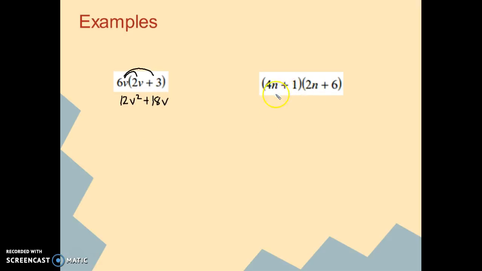The second one is a binomial times a binomial. So this one I'm going to do by foiling. Okay, again, you don't have to do both. Pick either FOIL or the box method and do it every single time. So first, 4n and 2n. Well, 4n times 2n is 8n squared. Then outer, 4n and 6. 4n times 6 is 24n.